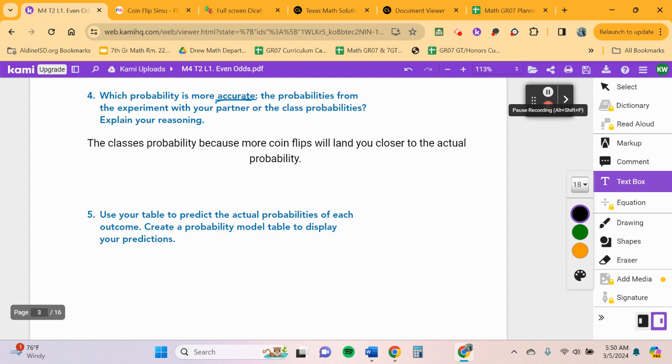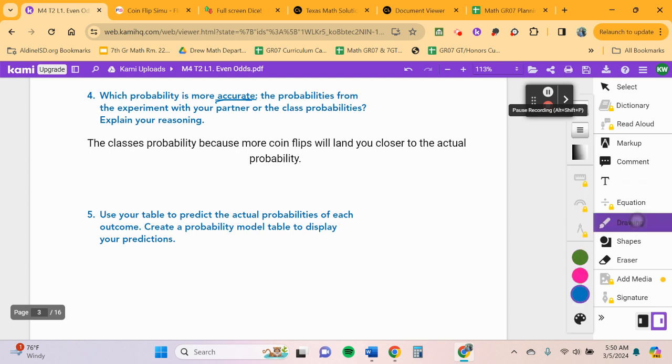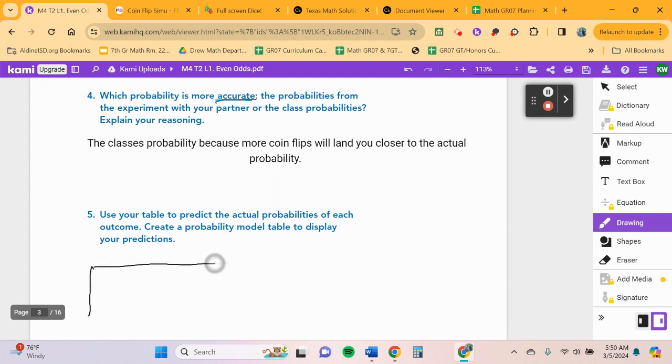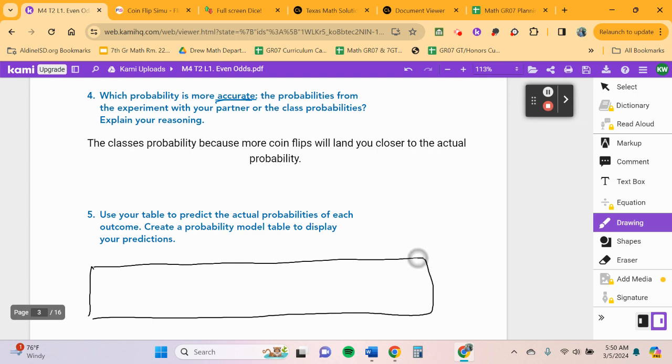Create a probability model table to display your predictions. So remember, to make a probability model, it is simple. Let me outline it in black. You're creating a real quick table, so do as I do. So we've got our table, and within our table, we're going to have our outcome and then the probability of that outcome.